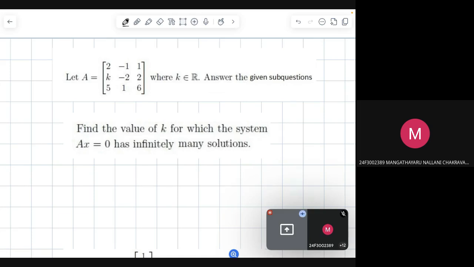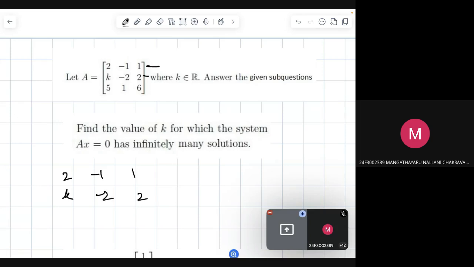So notice the first two rows of A: this is 2 minus 1 1, and k minus 2 2.